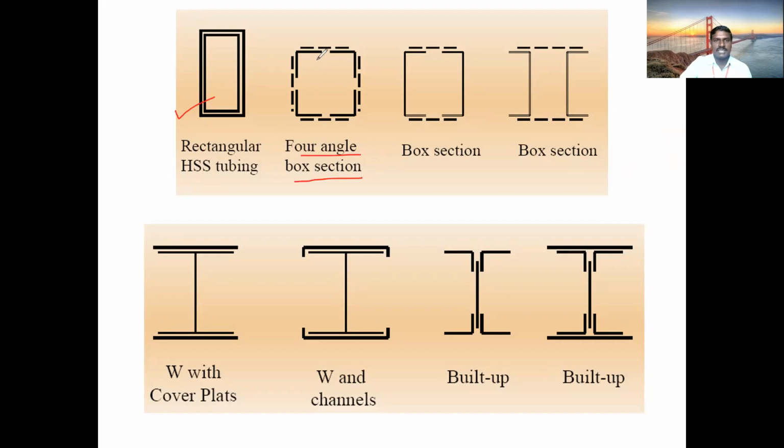See here, these are the 4 angles, 1, 2, 3 and 4 angles we can use combined. Then here again 2 channels, and we can call this a built up section. When we call it built up, the meaning in this word built up, it means what?